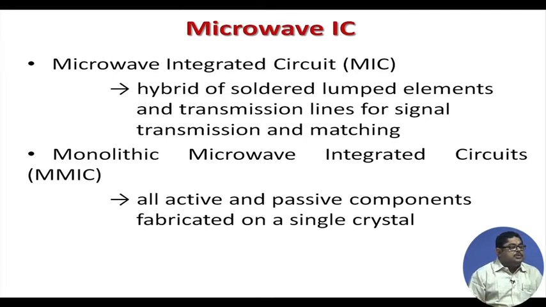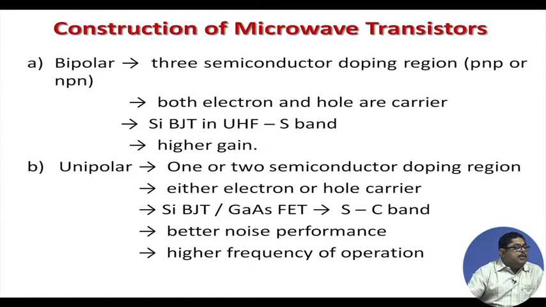But still there are some lumped elements, particularly the inductors, and also some other lumped devices like resistances. But in monolithic microwave integrated circuits, all active and passive components are fabricated on a single crystal. So, the transmission lines, active devices, passive devices, everything is on a monolithic crystal. That is why the name monolithic microwave integrated circuit. Now, these microwave transistors are used in both varieties of ICs, either MIC or MMIC.